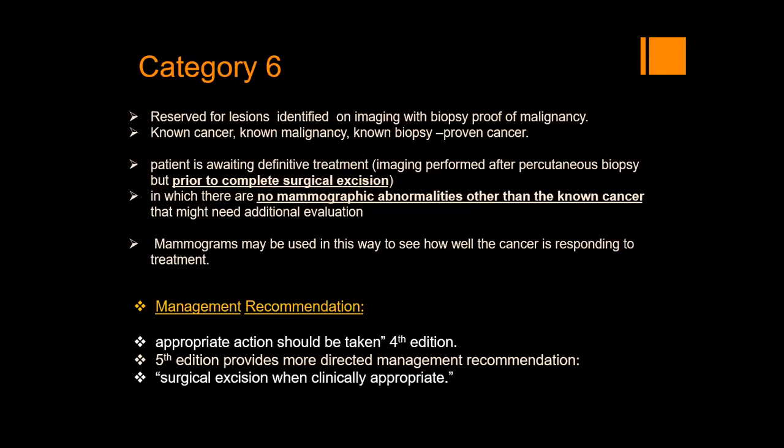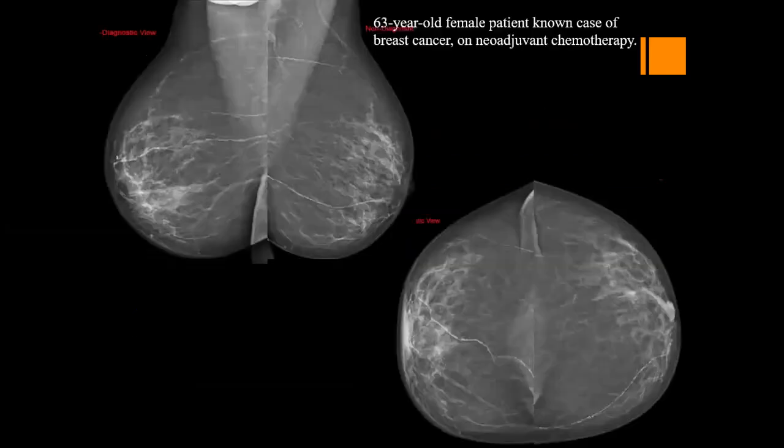So the management recommendation was that appropriate action should be taken in previous editions, but the current 5th edition provides directed management recommendation: surgical excision is indicated when clinically appropriate, because the decision is on a clinical basis, not a radiological basis.